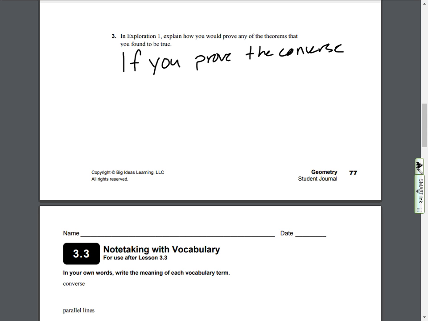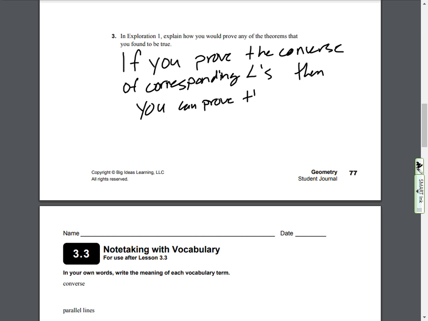There's our converse. If you prove the converse of corresponding angles, then you can basically prove the rest, because those only work if the converse is true.